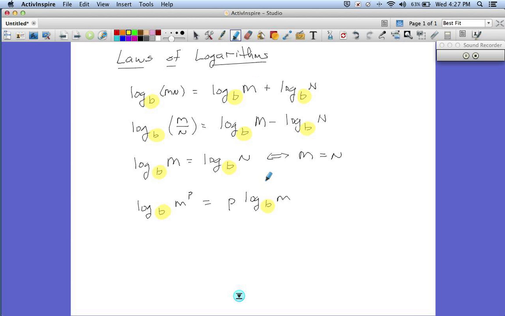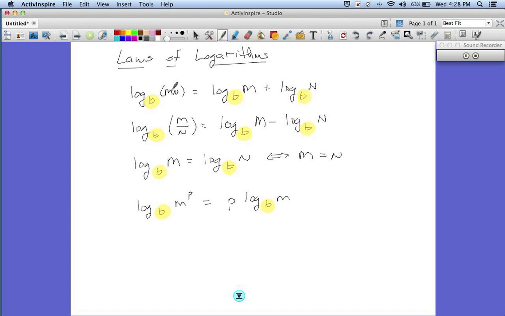Now this one is an interesting law, and I'm going to kind of verbally explain it to you without writing this down. So think about what an exponent is. Exponent means we redo something over and over and over again. So this is a certain number of m's. So log base b of m times m times m times m times m, right? So something becomes a multiplication problem with a bunch of m's.